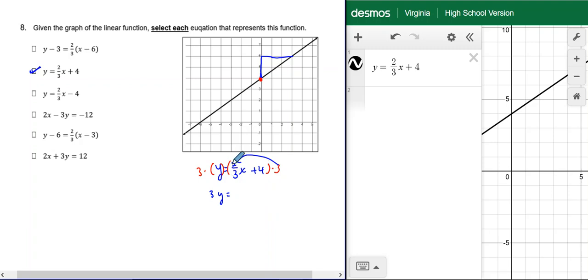So 3 and 3 cancel out, so you just have 2x, just the numerator part there. And then 4 times 3 is 12. And then what I can do is I can go ahead and take the x term over. So I'm converting this into standard form. Plus 3y equals 12.